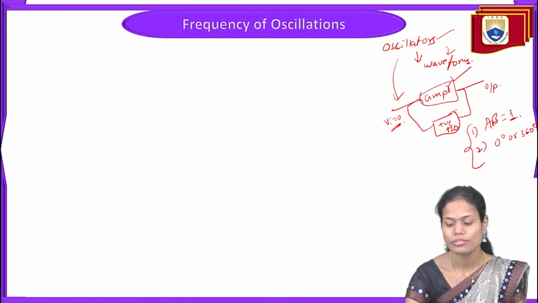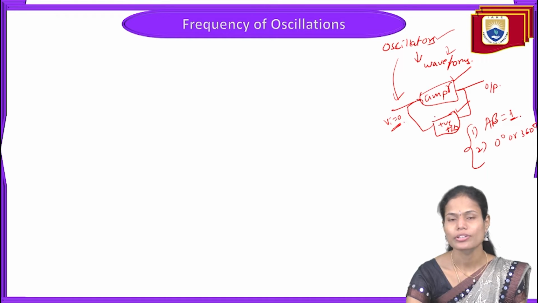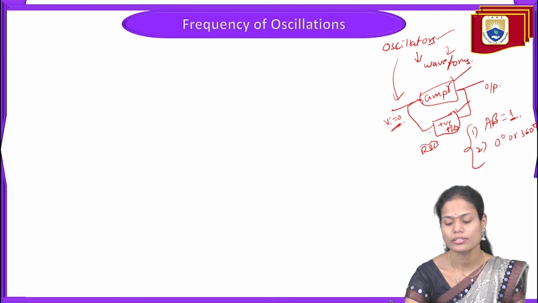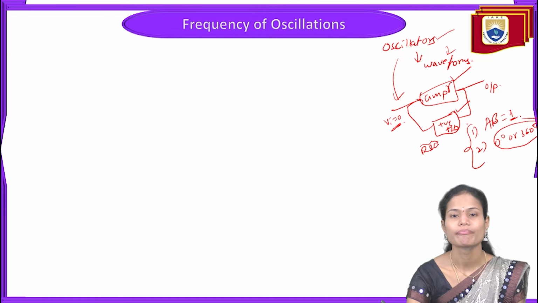The only difference is the feedback network, how we design it. Depending upon that, it will generate different waveforms. If we design the feedback network with resistors as well as capacitors, those belong to the RC phase shift oscillators. In that, we have two types, the RC oscillator as well as the Wien bridge oscillator. In both cases, we utilize resistors as well as capacitors to generate the feedback network to provide the required phase shift as well as gain.